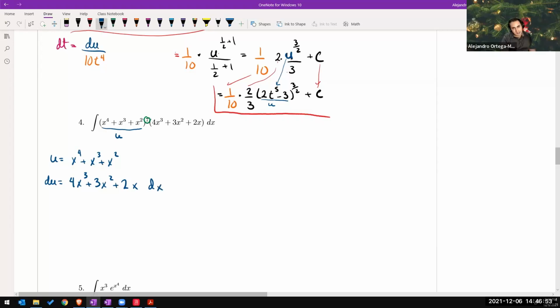Okay, is that a good sign? Well, notice that the 4x cubed plus 3x squared plus 2x is exactly what we have here. So it is a very good sign. It just means that things will cancel nicely. So if we solve for dx, then we'll get that dx is equal to du divided by all of this.